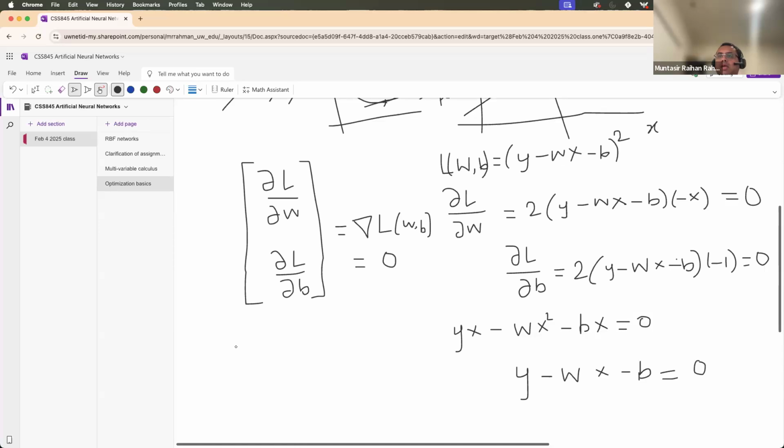Now we can formulate this as minus x squared, and then minus x, and then minus x.